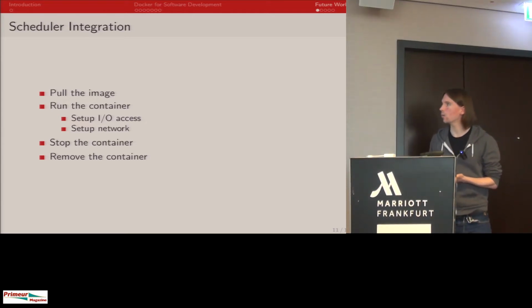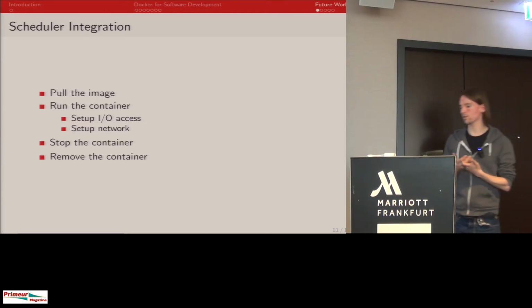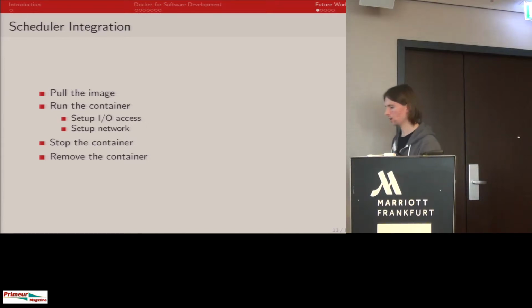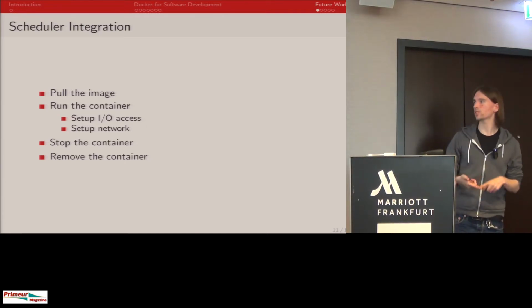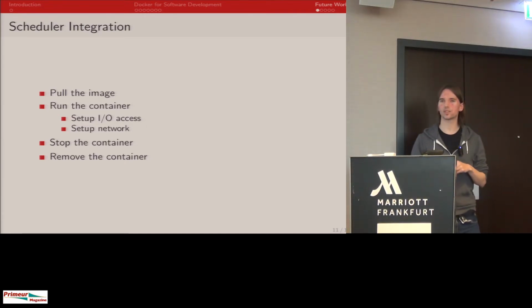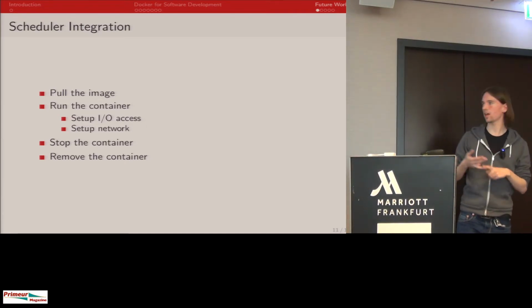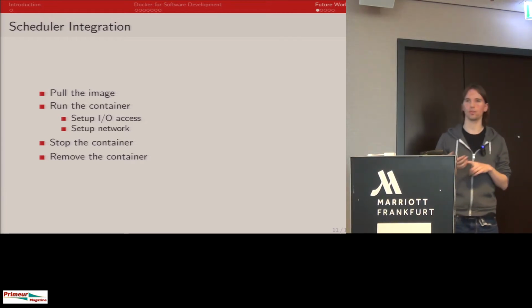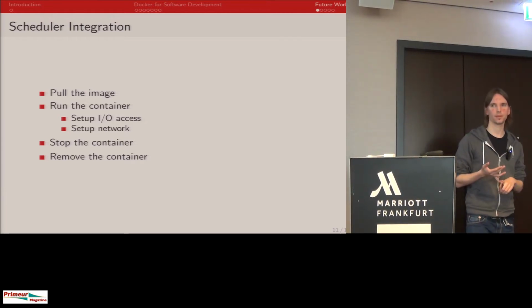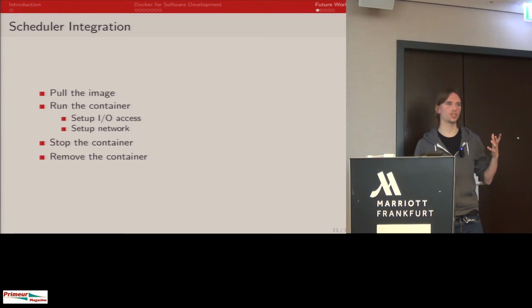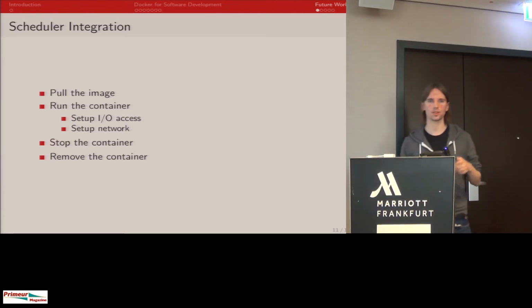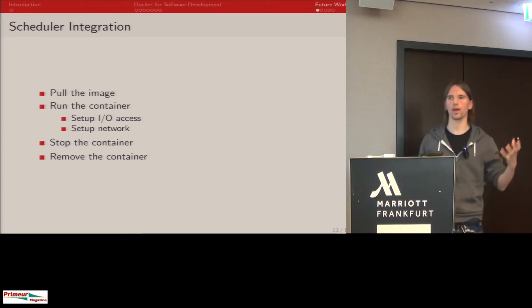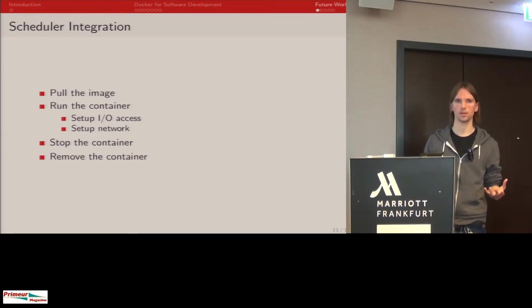I'm working with Slurm, so Slurm must be able to pull the image, run the image, make the setup, the network setup, the I/O setup. If the container is done, stop it, gather the information, and remove the container. This can be achieved through, for example, some sort of plugins, so Slurm knows how to handle these containers.